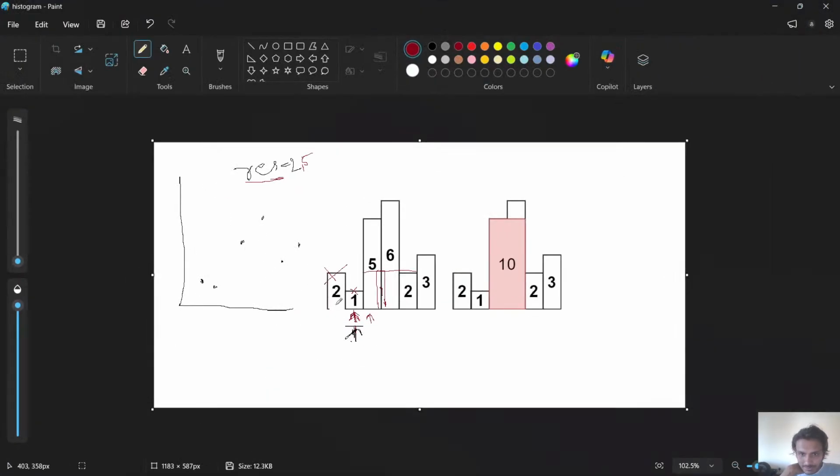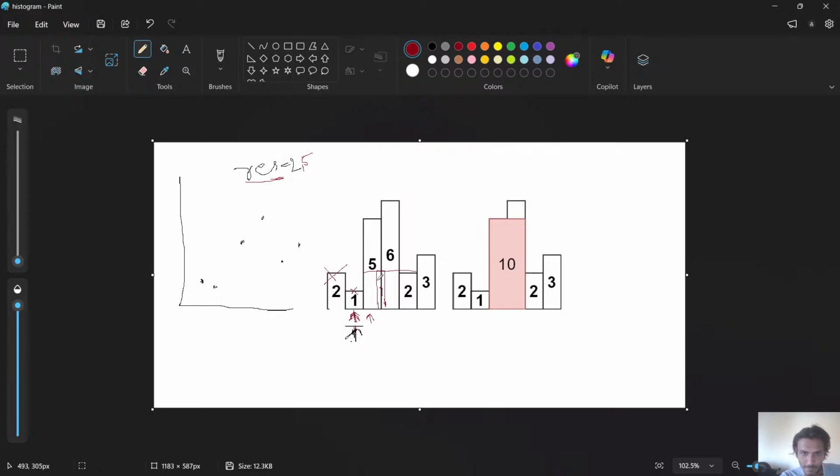In the stack we add 2, then we see 1. 1 is smaller, so we add 1. Then 5. 5 is greater than this one, and 5 is greater than this one, so we pop both of these from the stack and leave the 5. Then if it is smaller, we add, then we have 2, we add this. Then we have 6, which is larger than the previous one.